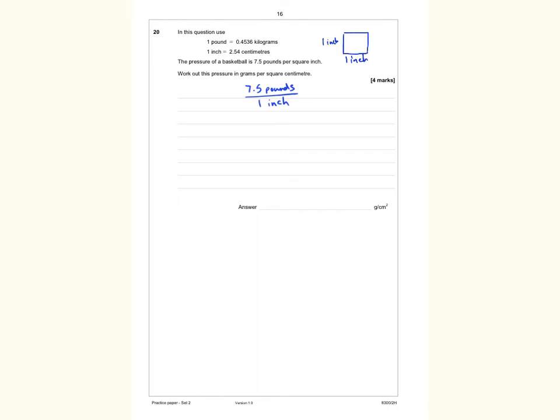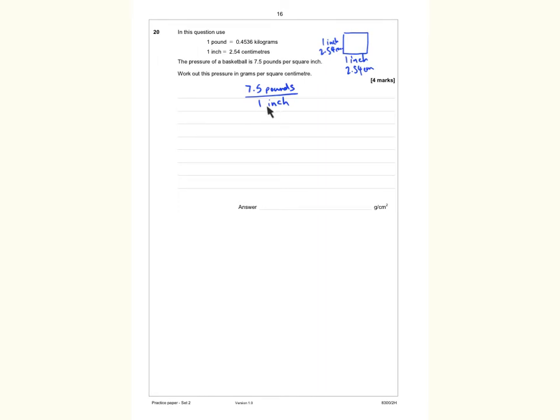And therefore, that's the same as saying 2.54 centimeters on this side and 2.54 centimeters on this side. So the size here, this square inch in centimeters squared, is the multiplication of 2.54 times 2.54. So we'll put that in a calculator. 2.54 times 2.54 gives us 6.4516.